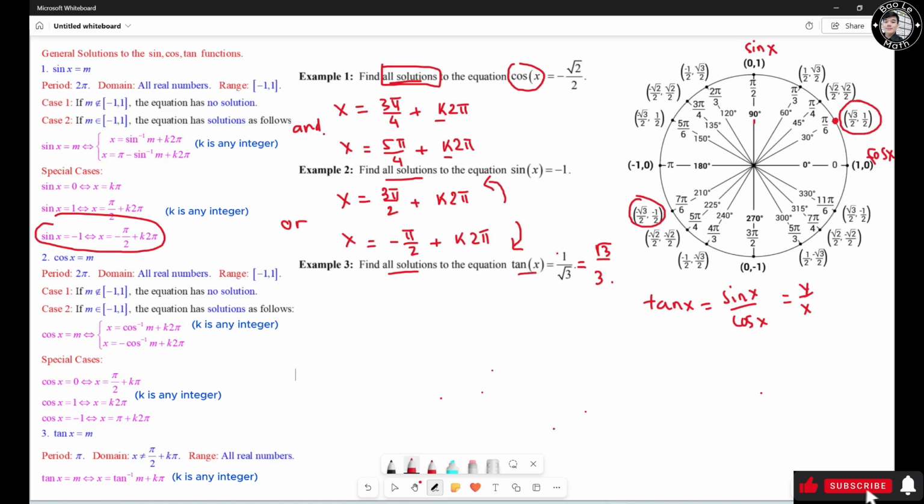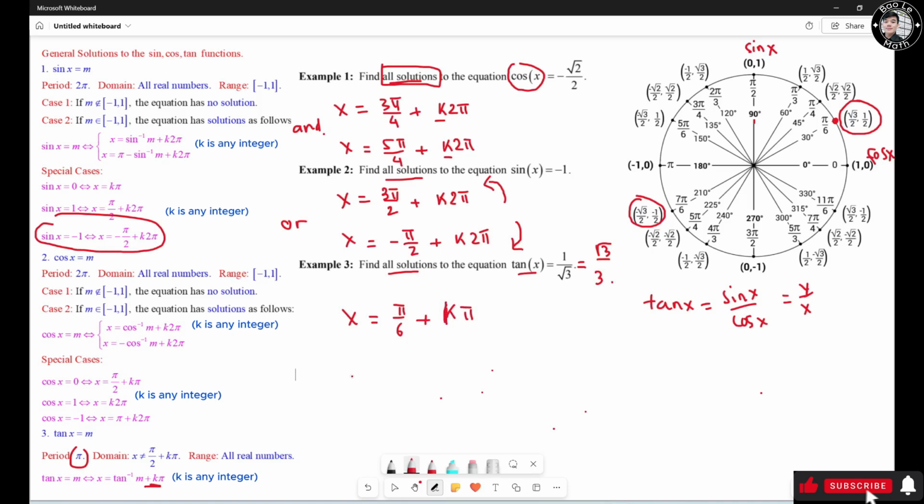Both make tangent s equals 1 over root 3, right? So you just write s equals pi over 6 plus k pi, because the tangent function has the period pi. So it should be like this, plus k pi.